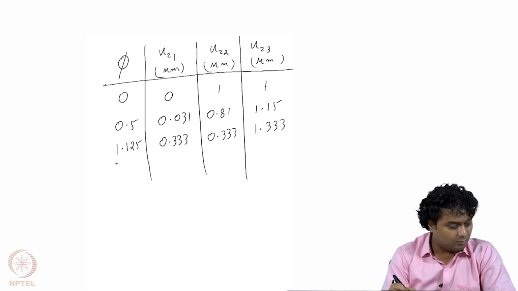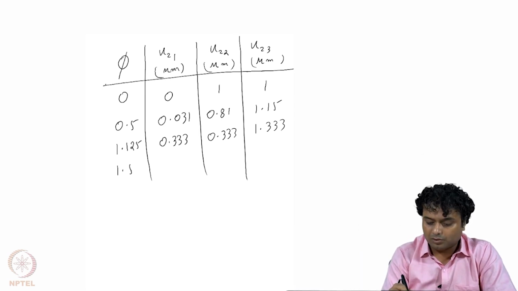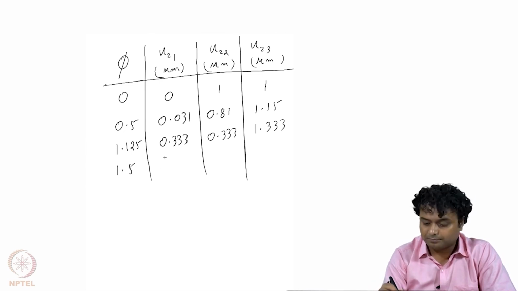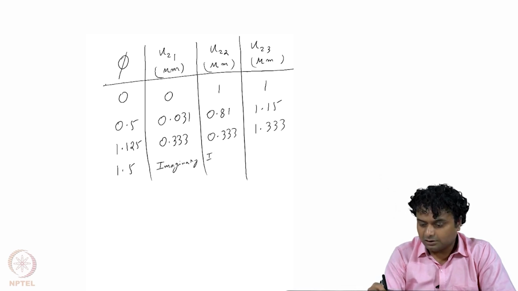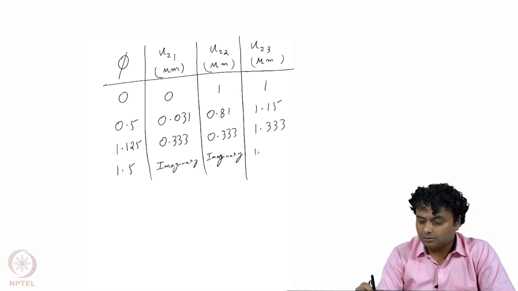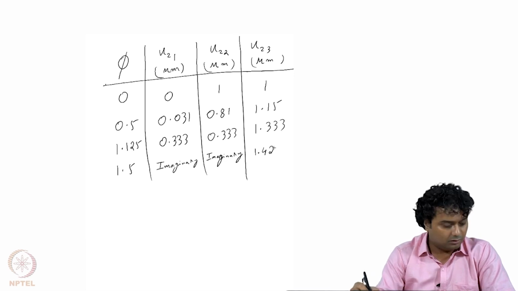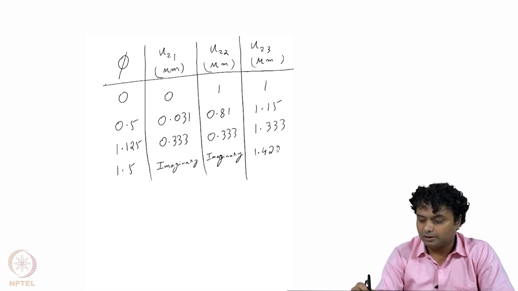Now take, let's say, more voltage than that. If we take 1.5 volt, we get this is also imaginary, 1.429.